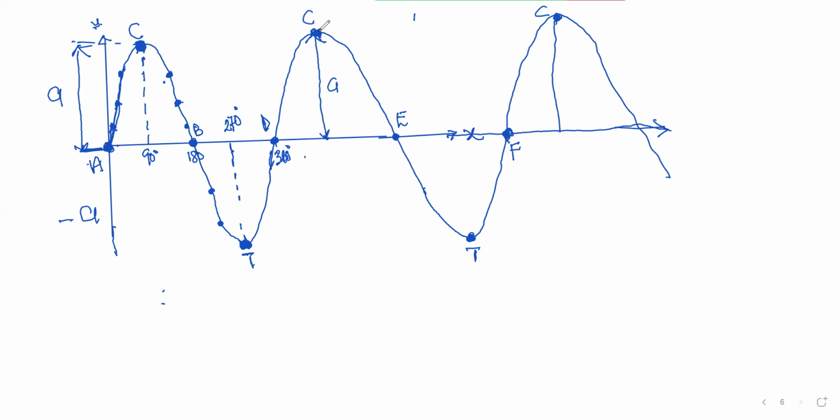What is 360 plus 90? 450, right? 450 plus 90. Let's hurry up. 450 plus 90 is 540. 540 plus 90, 630. And this is 270. Okay, so let's end at 270.